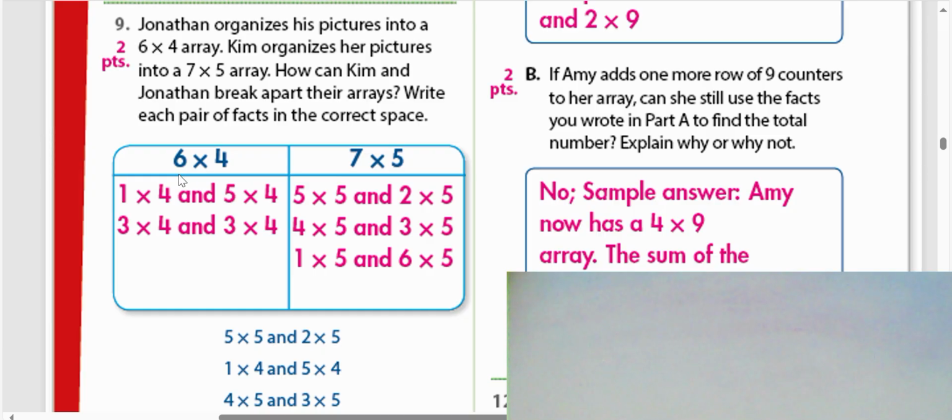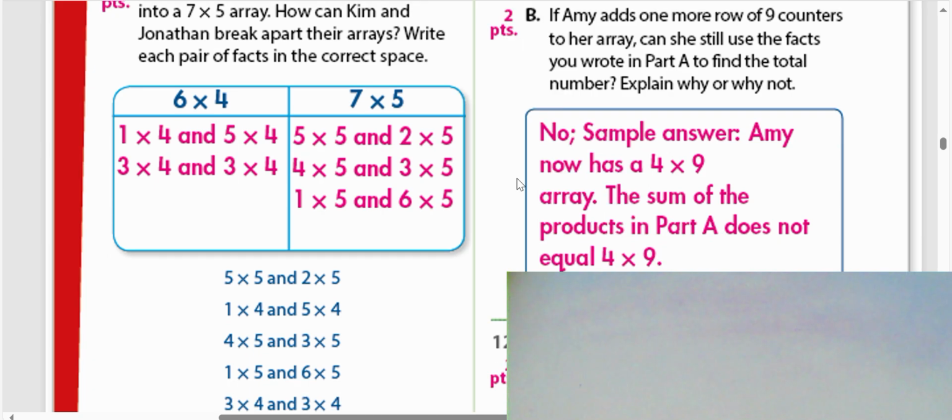In 6 we can distribute it 1 times 4 and 5 times 4, and also we can use the double fact about 6 equal 3 plus 3. 3 times 4 and 3 times 4, because 6 equal 3 plus 3, and using distributive properties. 7 times 5, we can write 7 equal 5 plus 2, or 4 plus 3, or 1 plus 6. Then 5 times 5 and 2 times 5, 4 times 5 and 3 times 5, 1 times 5 and 6 times 5. Next question.